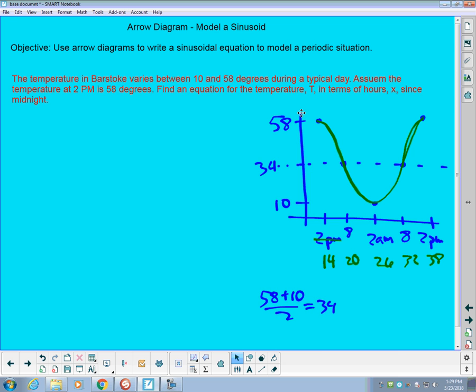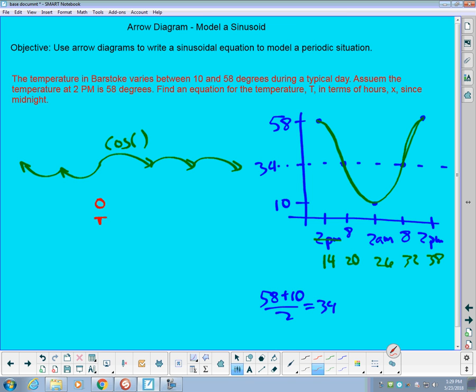So now that we've determined that this is the basic cosine shape, we bring our cosine function in, and we figure we may need to make some stretch and shift vertically, and we may need to stretch and shift horizontally as well. We'll bring in the points that we actually know. So our key points on the cosine function are at 0, at pi over 2, at pi, 3 pi over 2, and 2 pi.